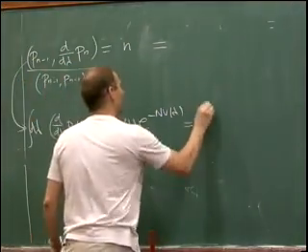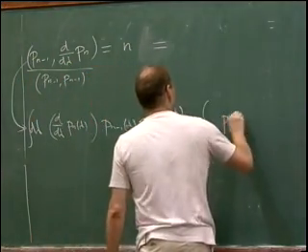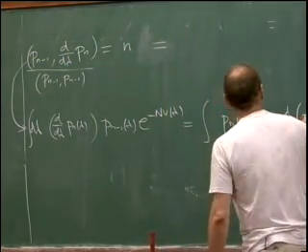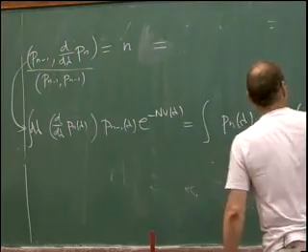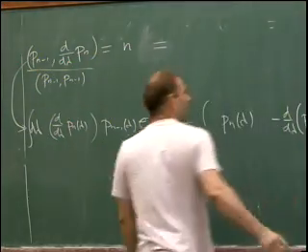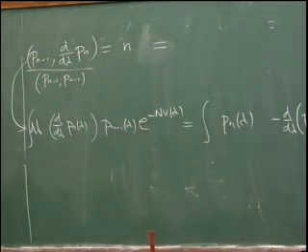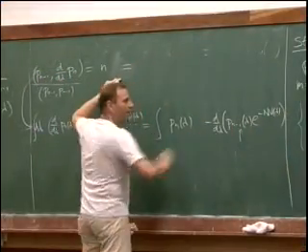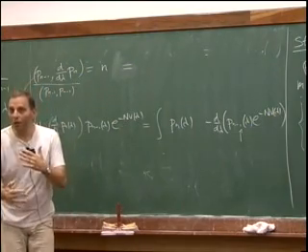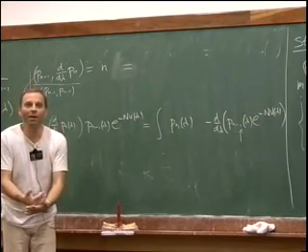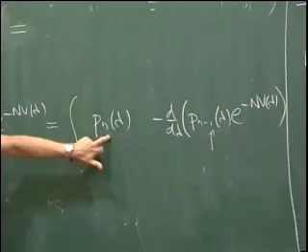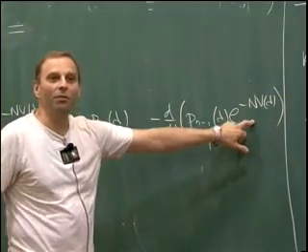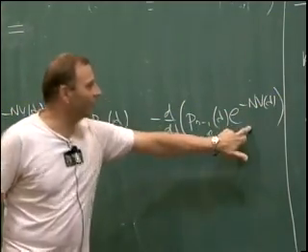So this is the integral of Pn of lambda times minus d/d lambda of Pn minus 1 of lambda e to the minus nv of lambda. And I do my derivative. What do I find? The first term, when the derivative hits Pn minus 1, is a polynomial of degree at most n minus 2. So it will be orthogonal to Pn. Again, zero. Boom. Exit. So the only non-trivial term will be when I act on the exponential with my derivative.